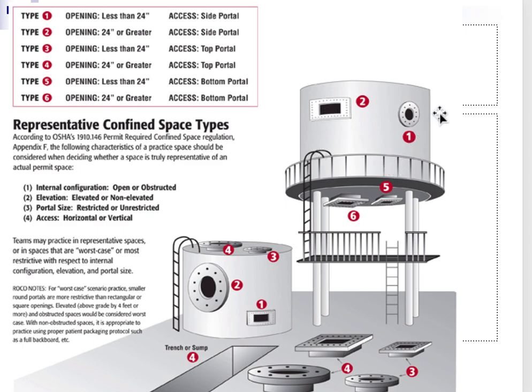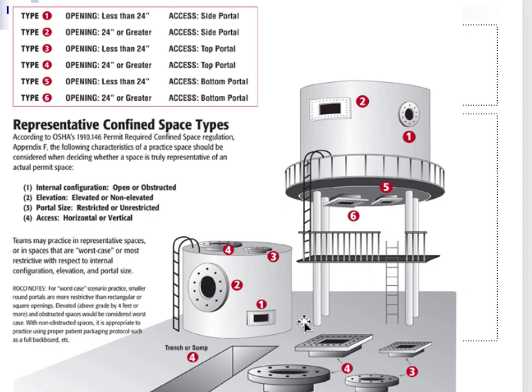And then we have one that's less than 24 inches and one that's greater than 24 inches, both of which would be permit required because rescue could be difficult. Then you can see where you have bottom entry, and so this would be an opening greater than 24 inches and an opening less than 24 inches.